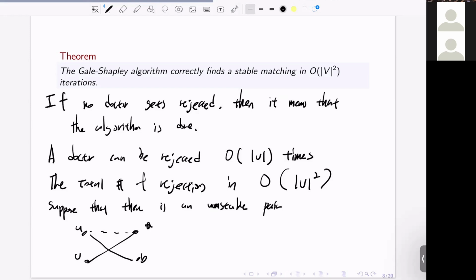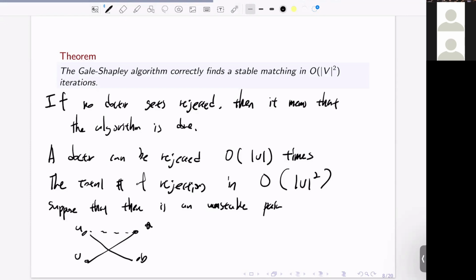And also, let's say A is assigned to Dr. V, but if you apply to hospital A, then A will replace V with U because U is a better candidate. By the design of this algorithm, this unstable pair is not possible.